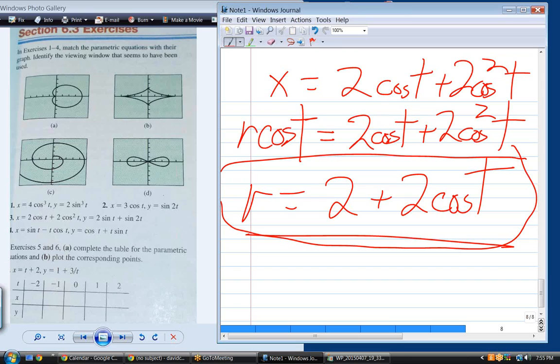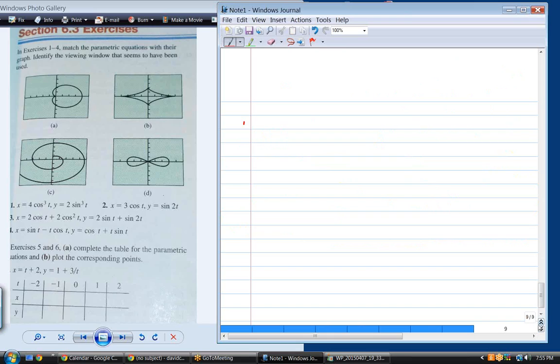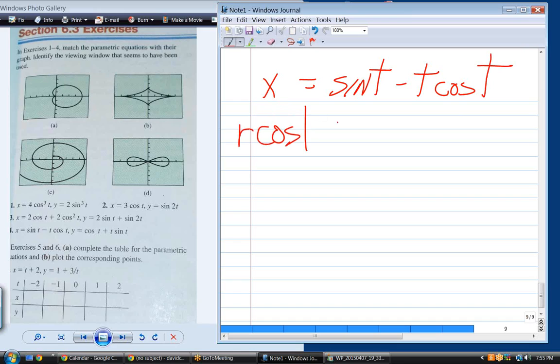Okay, so let's take our fourth equation and see if we can turn that into something that looks familiar. Because we've got 2 goes with D, 3 goes with A. If we can figure out 4, then we'll be in like Flint. x equals sine t minus t cosine t. Well, instead of x, we're going to write r cosine t.